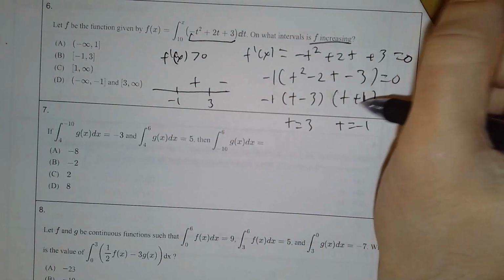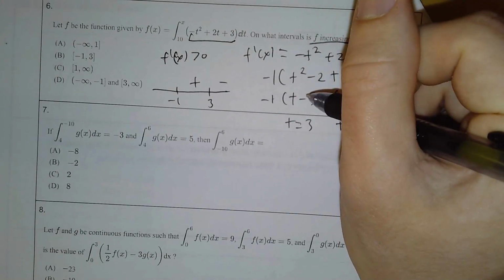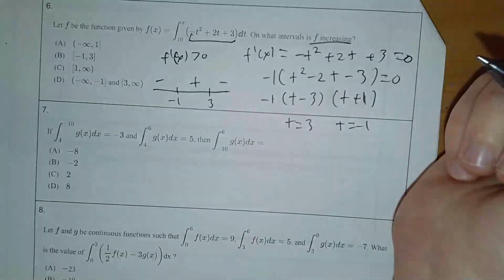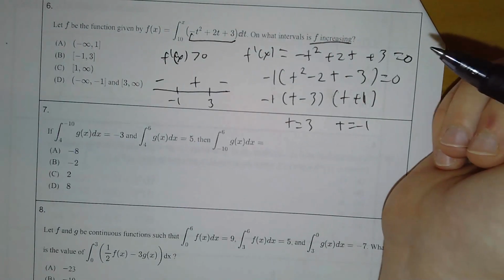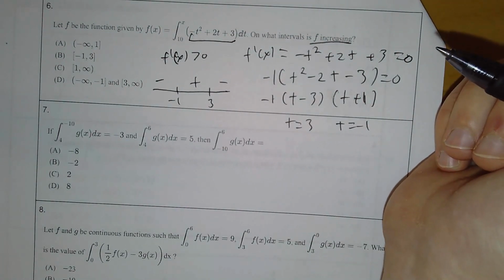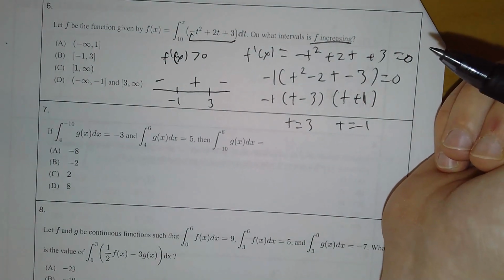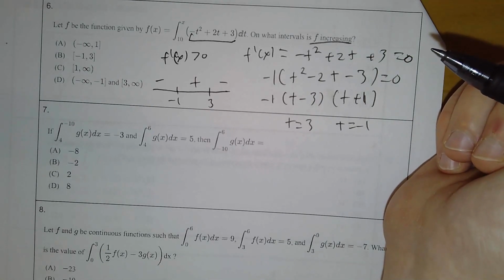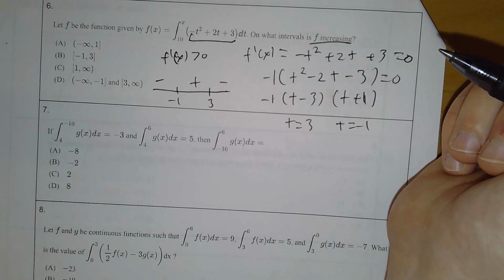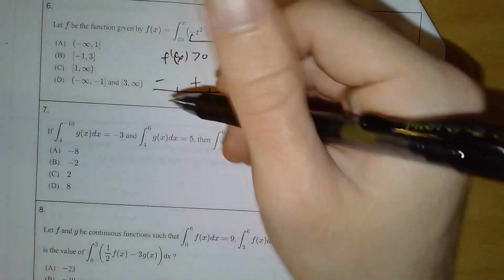You're going to get negative, negative, negative, negative, right? If you have an odd number of negatives, it's going to be negative. If you have an even number of negatives, it's going to be positive. That's basically the rule. So there we go. Negative 1 to 3 has to be.